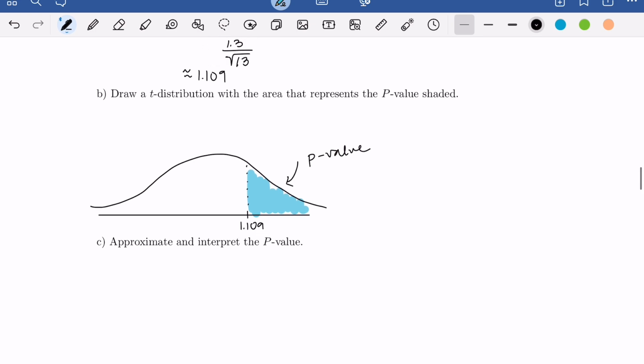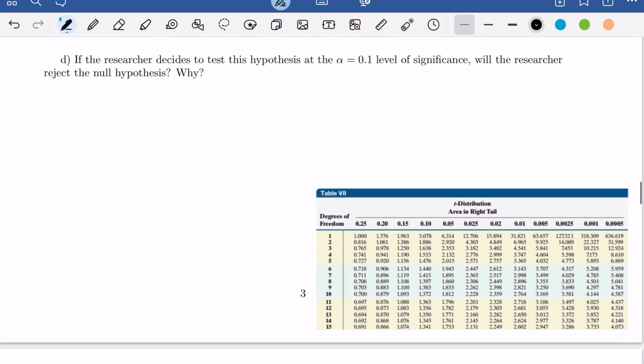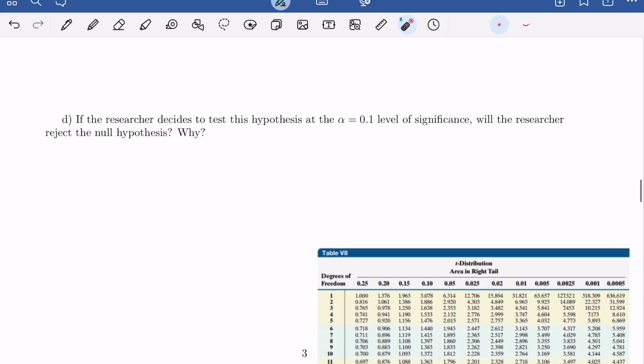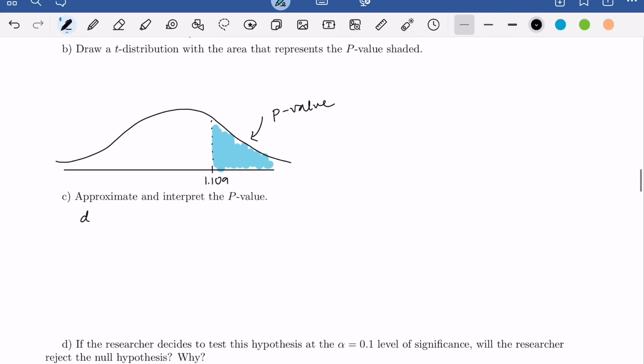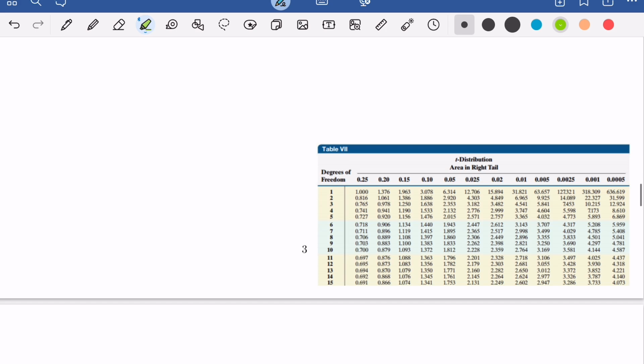All right, now for part C, we want to approximate and interpret this p-value. In order to do so, we're going to be using this table here from our appendix. So the first thing we need to do is figure out the degrees of freedom in this case. And we know it's going to be n minus 1, so we're going to have 12 degrees of freedom. So with this, we're going to find in this first column where we see 12.